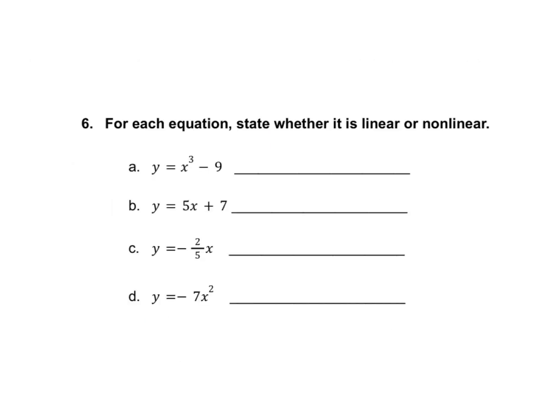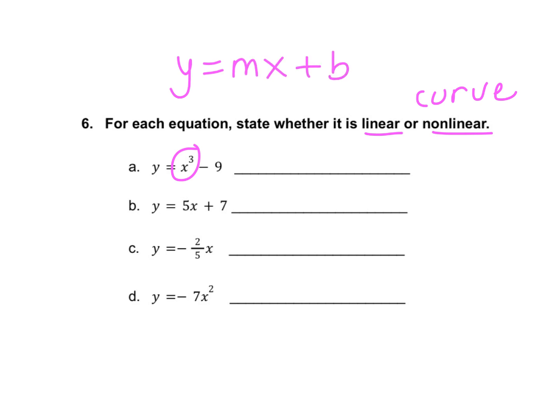For number 6, for each equation, state whether it's linear or nonlinear. Linear would make a straight line when we graph it, and nonlinear would curve. And we have learned that if we ever see an exponent, if it's not in traditional y equals mx plus b form, if there's an exponent, it's going to show exponential growth, which is nonlinear.